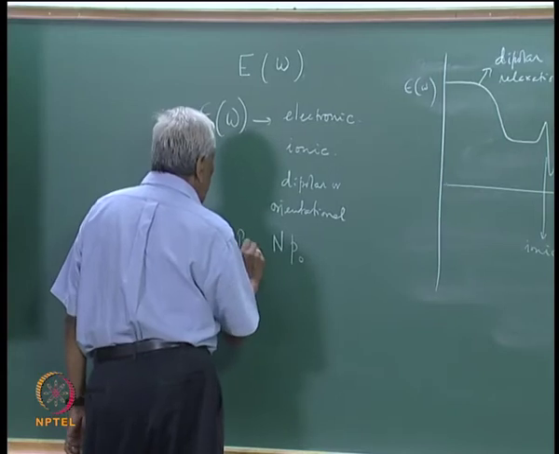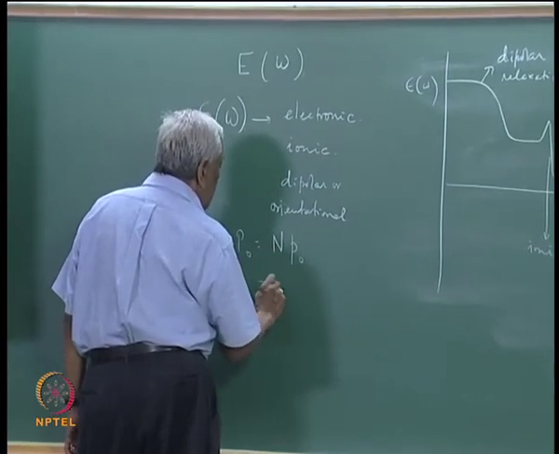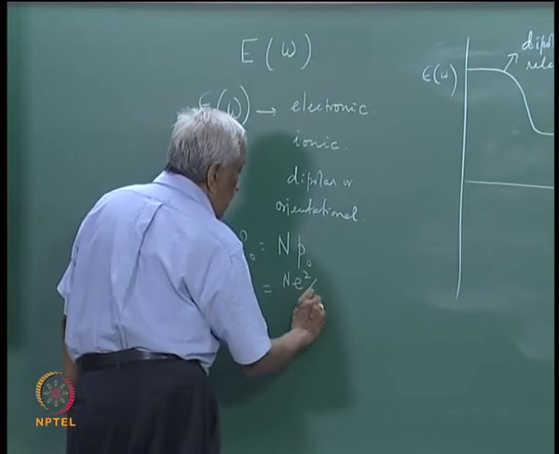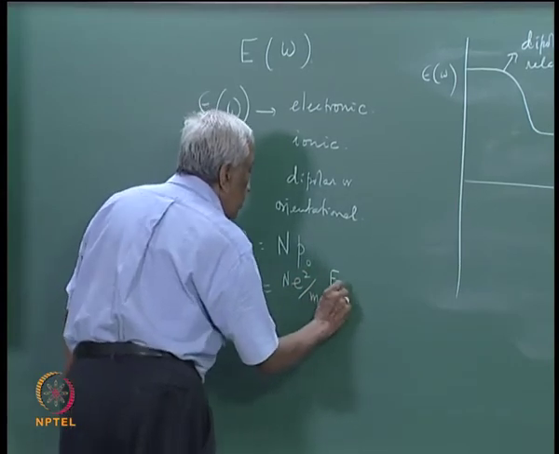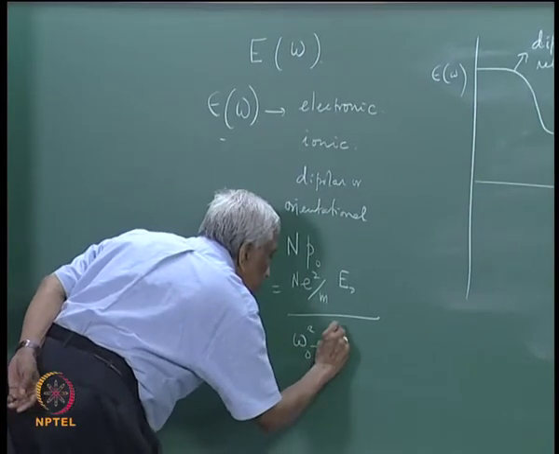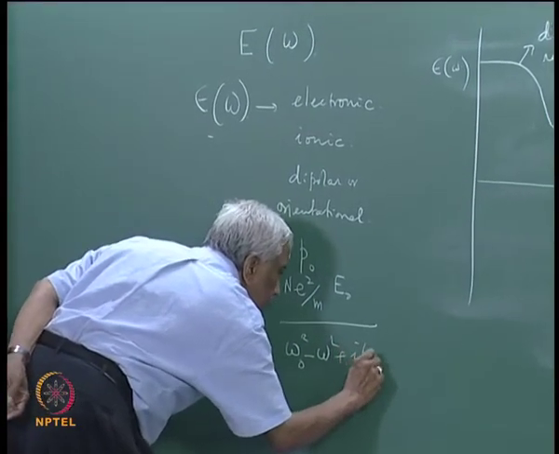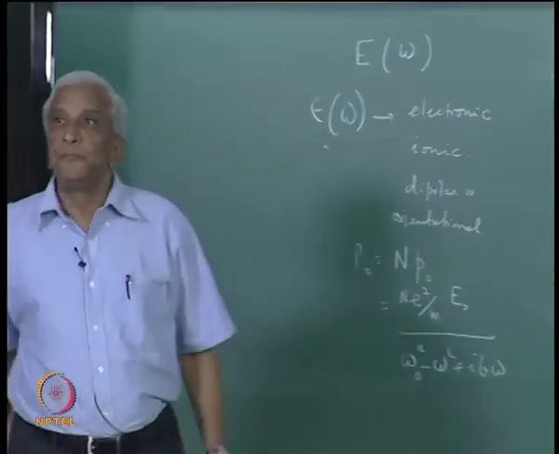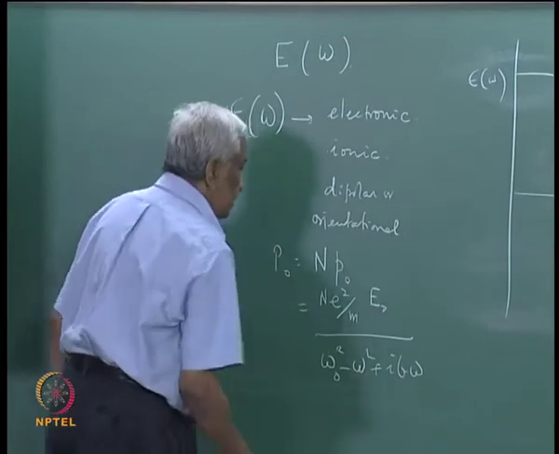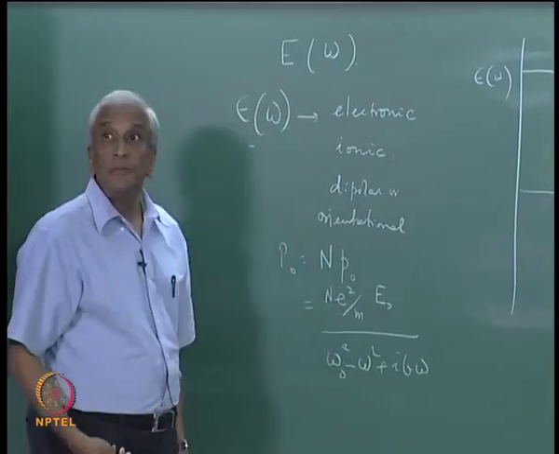So, this is p naught, and therefore, this will simply be n e square by m epsilon naught by omega naught square minus omega square plus i b omega.